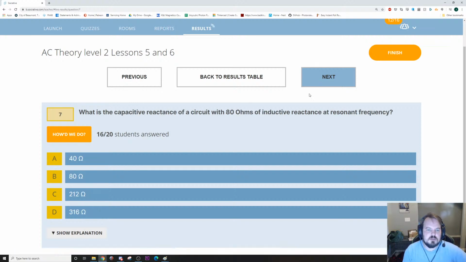We've got a whole deal with that later. What's the capacitive reactance of a circuit with 80 ohms of inductive reactance at resonant frequency? Resonant frequency is the number where inductive reactance and capacitive reactance are the same. So if you have 80 ohms of inductive reactance at resonance, you have 80 ohms of capacitive reactance. That's literally all it is.